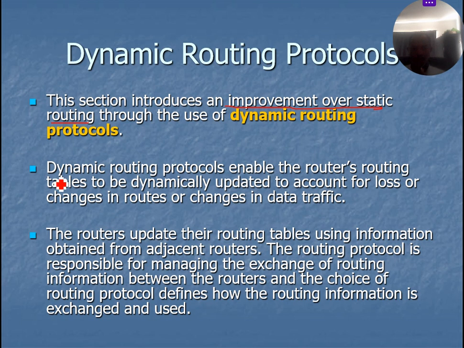We know this, right? A dynamic routing protocol enables the router's routing table to automatically update, when need arises, when a data packet needs to be sent, for any loss or for changes in the route or changes in the data traffic if it's broadcast in the network.